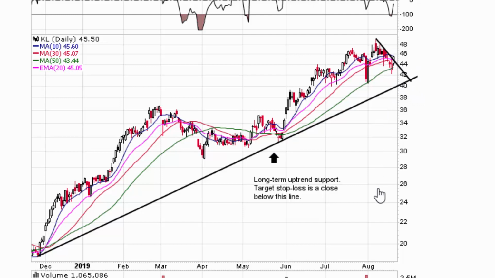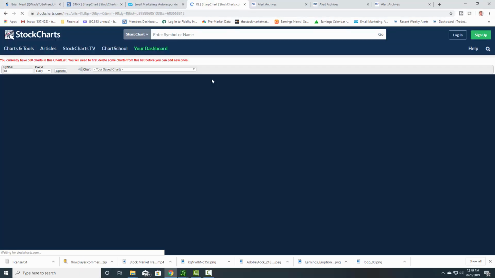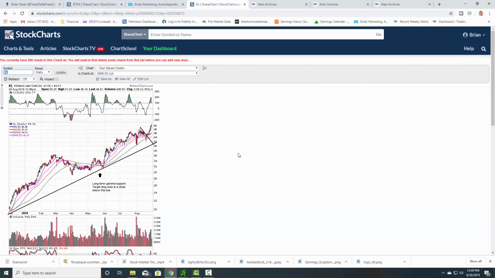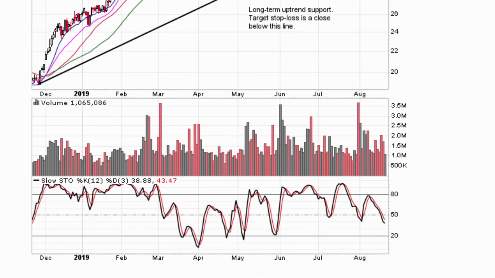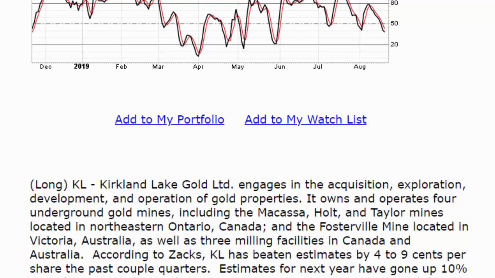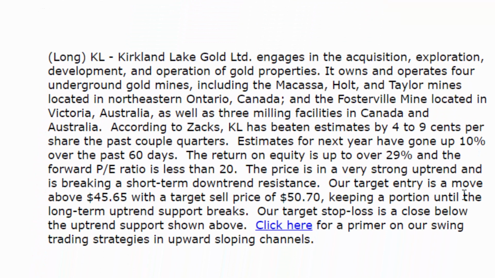And what you do on the site is you just go ahead and click the chart. The latest chart will come up. Sometimes during the day it's busy and it takes a little bit for the chart to render. Once the price goes above this price here, the prior day's high, that was the entry point. So if we look at the chart and the commentary underneath, we can see that the target entry point is a move above 45.65.